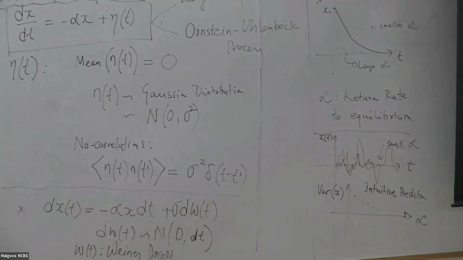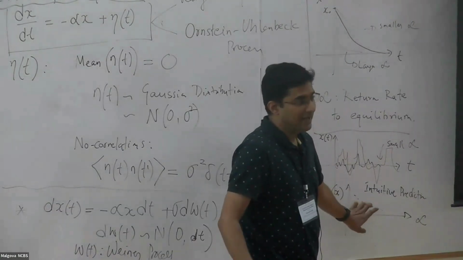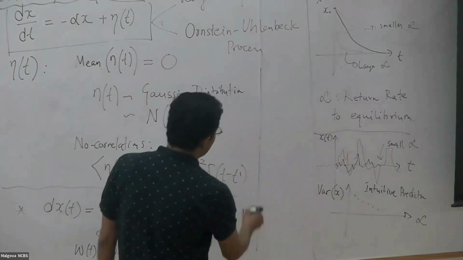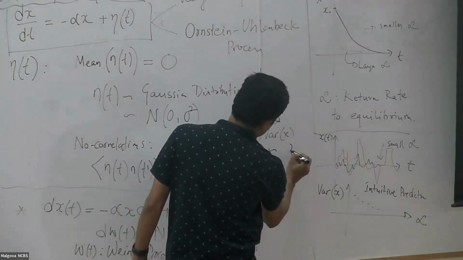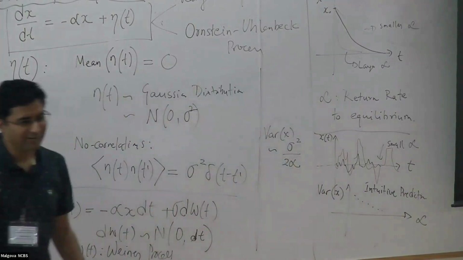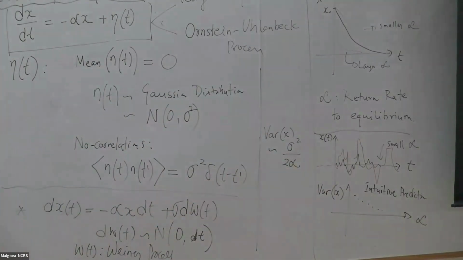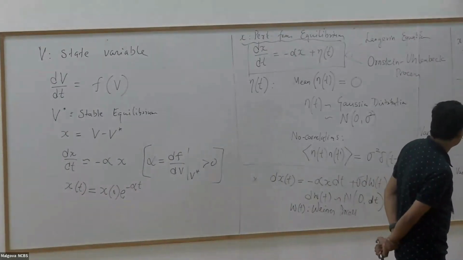It turns out that if you derive the expression for variance, this would be exactly true. In fact, the mathematical expression for variance of x... I don't know if there is a 2 or not. That really depends on how we define stochasticity. Yes. On your graph above, the red is smaller alpha than the other.